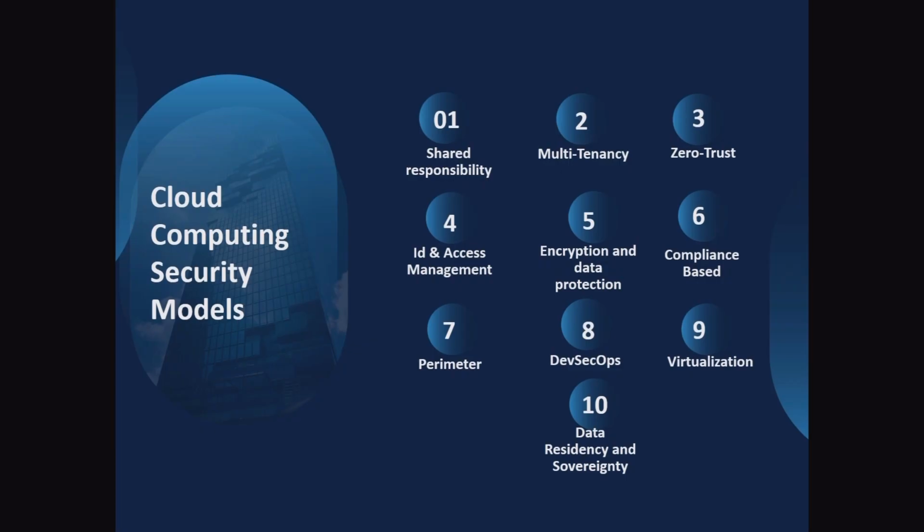Their names are suggestive of what they imply, but we're going to be taking them one after the other. And we have the zero trust model, identity and access management, IAM, encryption and data protection. And we have the compliance-based, the perimeter model, and DevSecOps. Does it ring a bell?